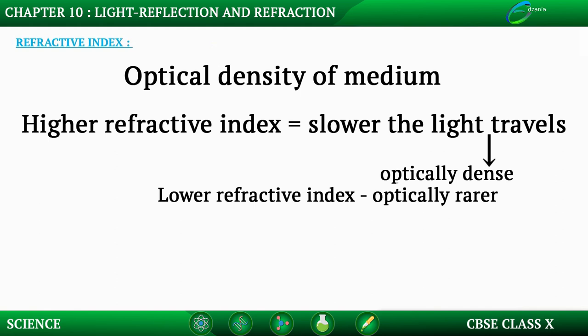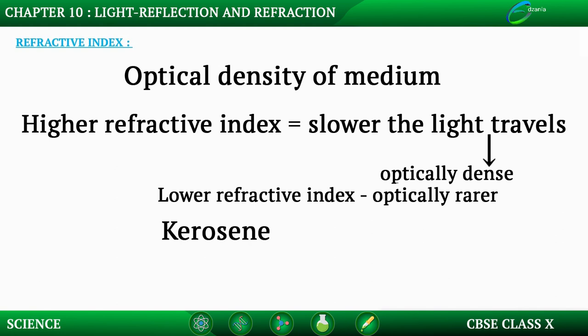In general, optical density and mass density go hand in hand. We can say in a denser medium the light will travel slowly, but this is not the universal case. Take the example of kerosene.